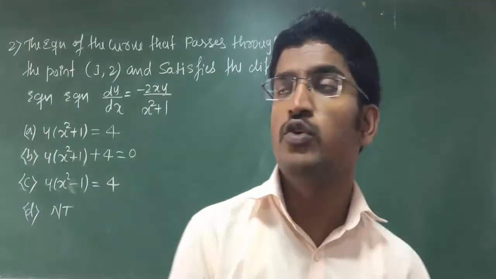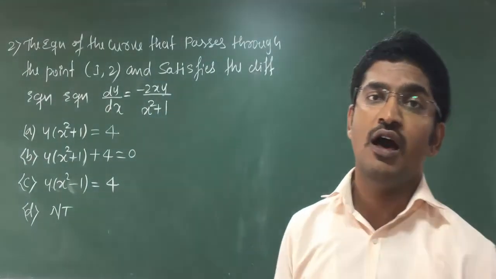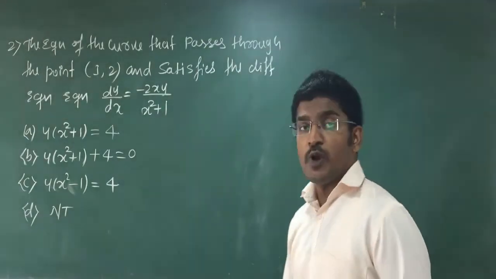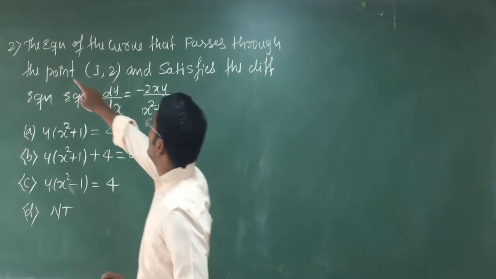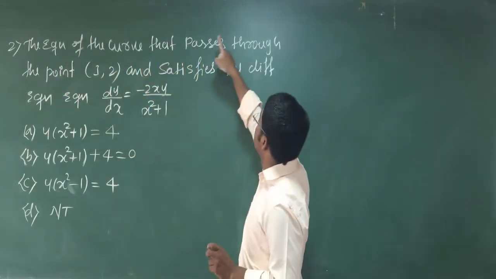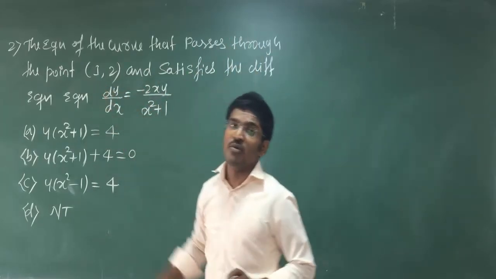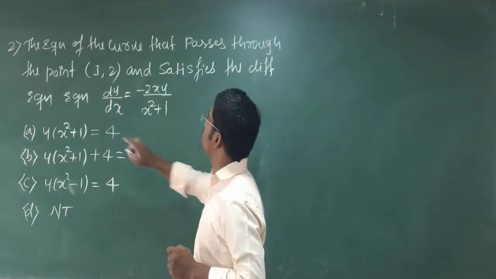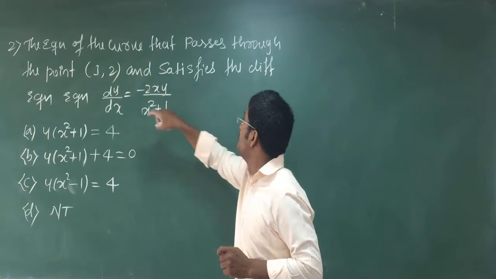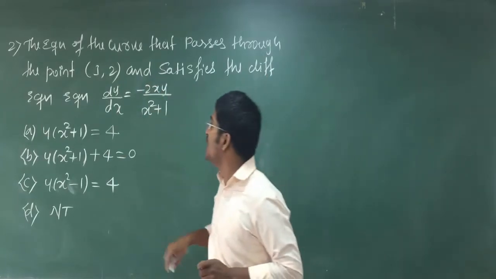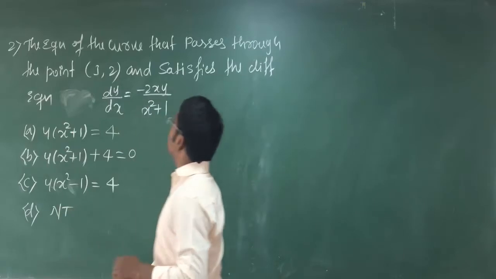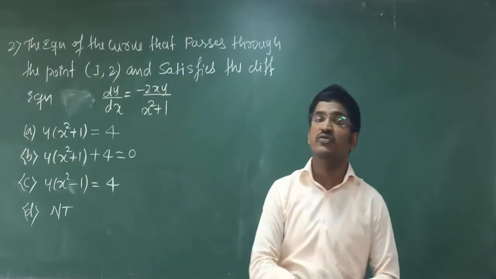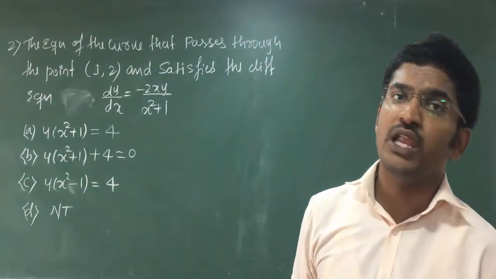Okay students, now let us go for the second problem on application of differential equations. So in this problem, they are asking the equation of the curve that passes through the point 1, 2 and satisfies the differential equation dy by dx equal to minus 2xy divided by x square plus 1.